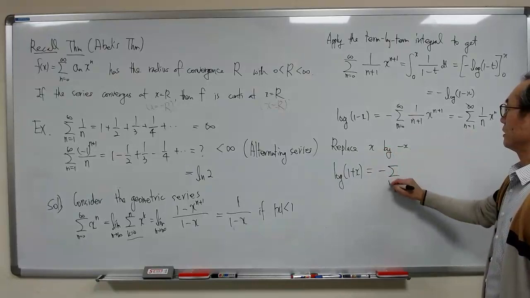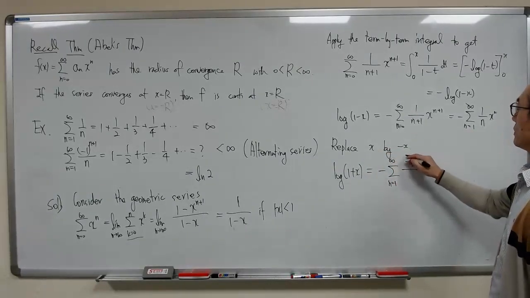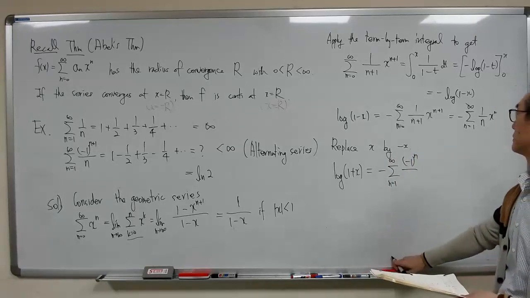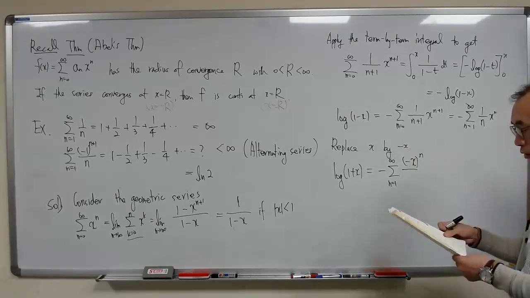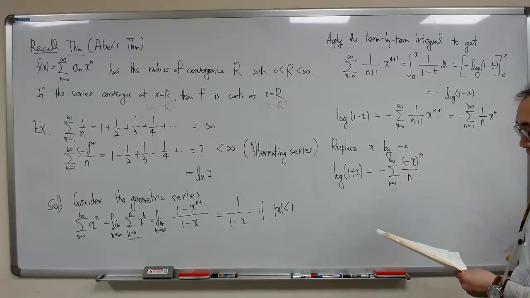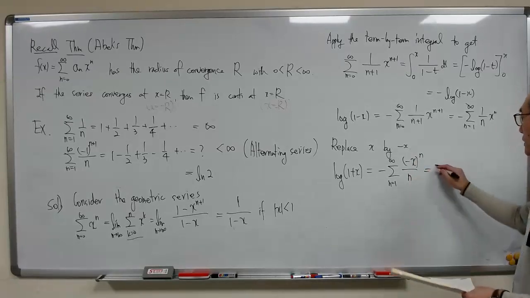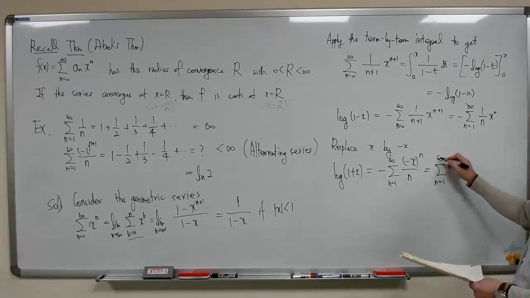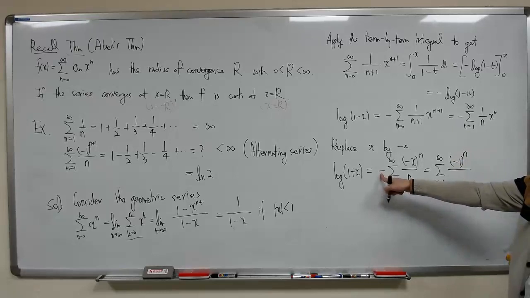That's going to be the summation as n goes from 1 to infinity of minus 1 to the n times minus x to the n over n, which can be written as the summation from n equals 1 to infinity of minus 1 to the n, and we have one more minus sign.